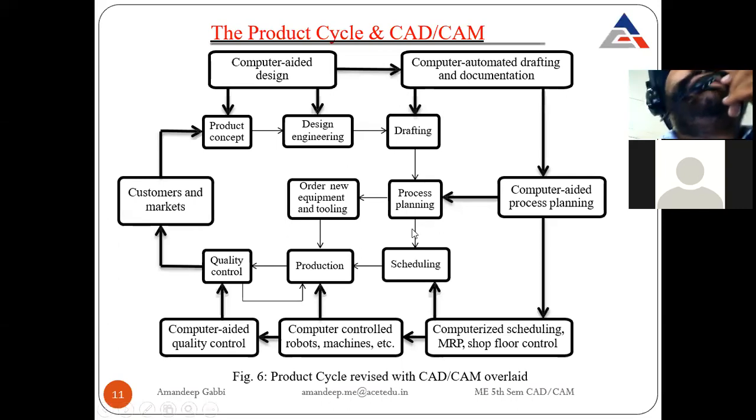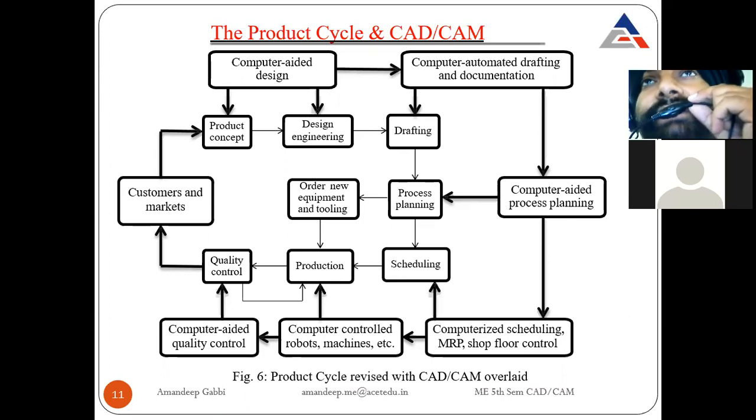Then scheduling, production scheduling: per day how much production is required. You use computerized scheduling, MRP, shop floor control. You use computers for scheduling that per day production. Like when you get bookings from different car agencies all over India, you get a number that this much is required on that day.